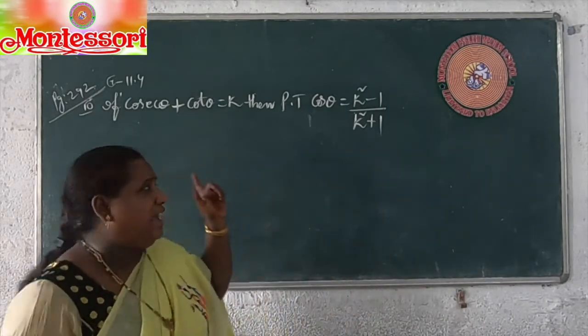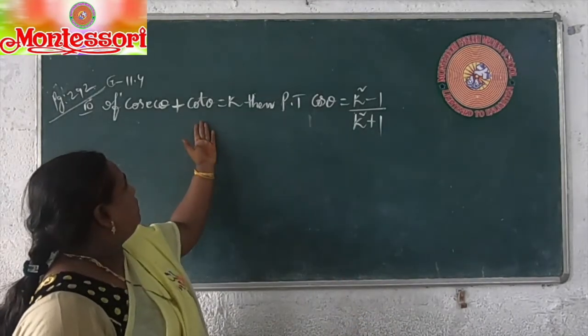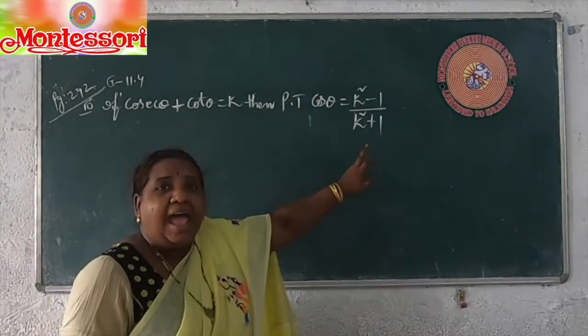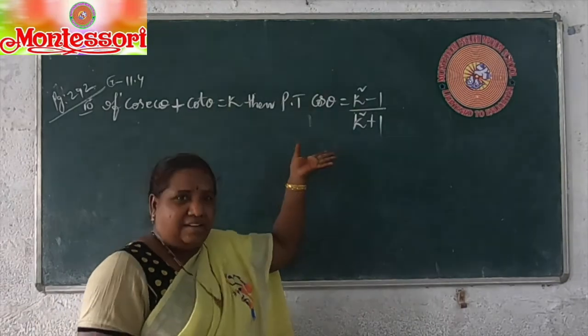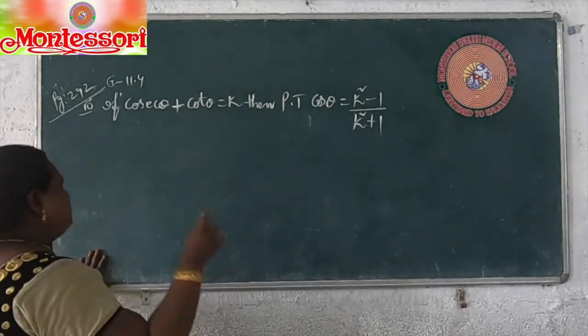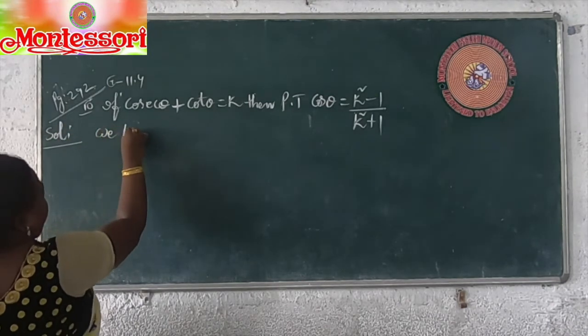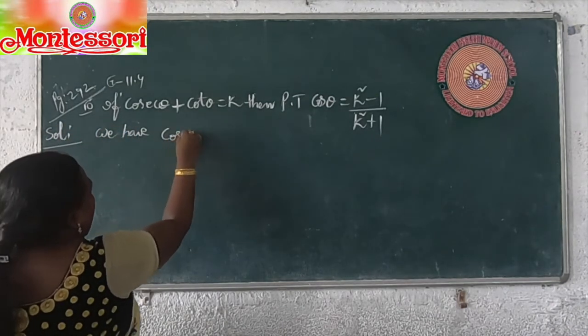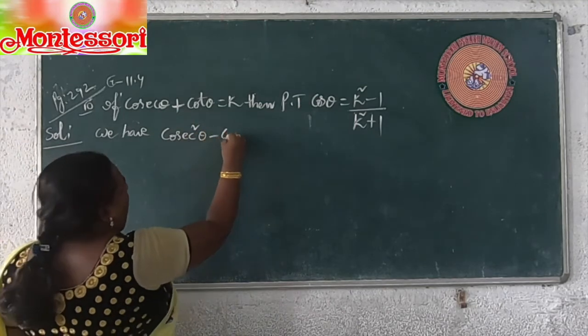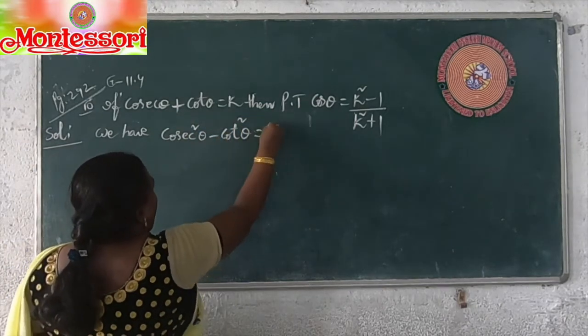So what do we have, children? Given cosec theta plus cot theta is equal to k, and this we have to prove. For that we will follow one procedure. Same like the identity we have: cosec square theta minus cot square theta is equal to 1.